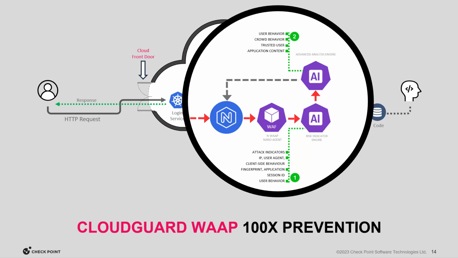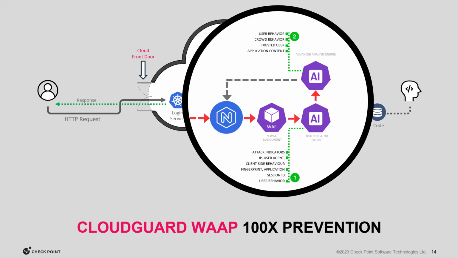And just a graphic, right? As you see here, the cloud front door, that service door, right? The front entry point for your mobile applications, your users, all of the things coming into those APIs or those web apps that you have. And you can see the two stages here. So the nano agent is being deployed, right? In this case, this HTTP request is coming into this logon service, which is then hitting a reverse proxy.